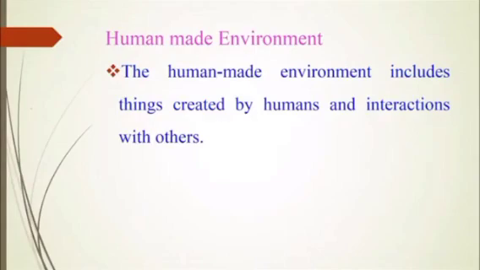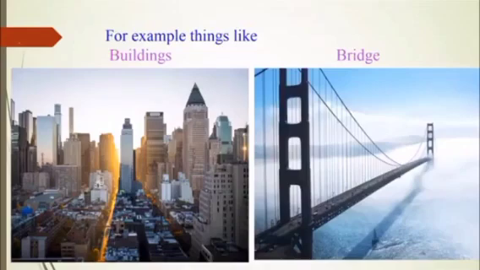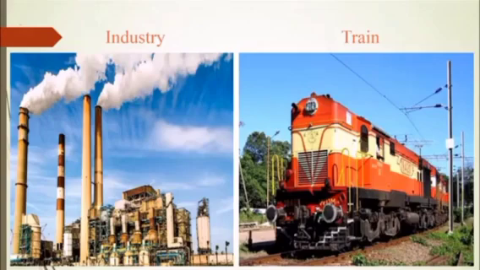The human-made environment includes things created by humans and interactions with others. For example, things like buildings, bridge. Here we can see the picture of buildings and bridge. Industry, train.